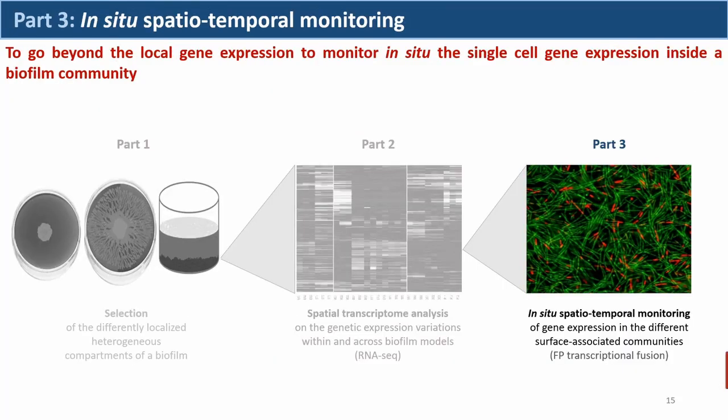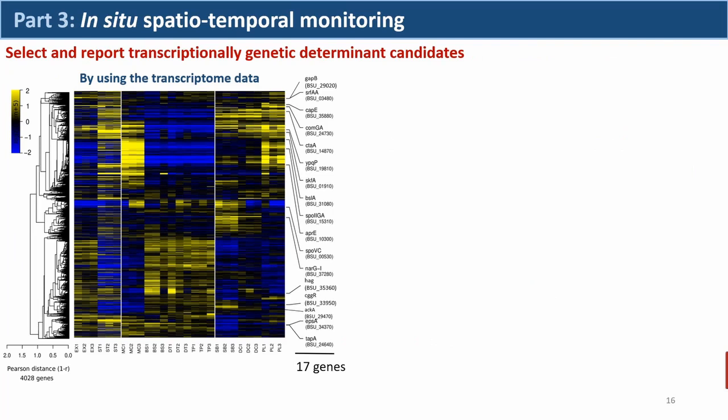In order to go beyond local gene expression and monitor in situ the single-cell gene expression inside a biofilm community, the strategy we adopted was to search the transcriptome data for genes that could be good candidates to answer our biological question, such as those related to carbon metabolism and the matrix.